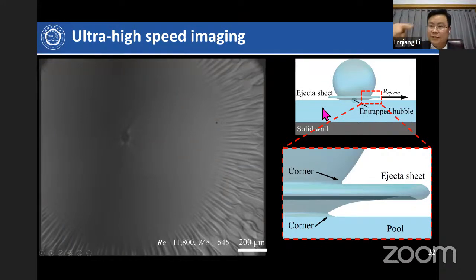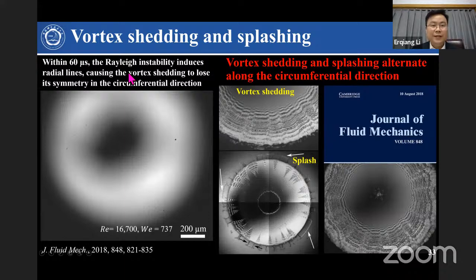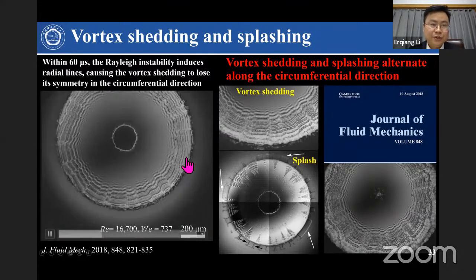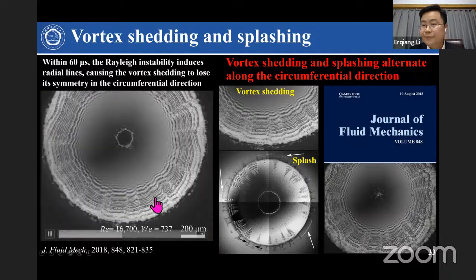When the surface is fluctuating, the light passing through this interface will get disturbed, so you will see these surface structures. More importantly, we realize that within 60 microseconds, the instability induces this radial line. And later, more importantly, it causes the vortex shedding to lose its symmetry in the circle direction.